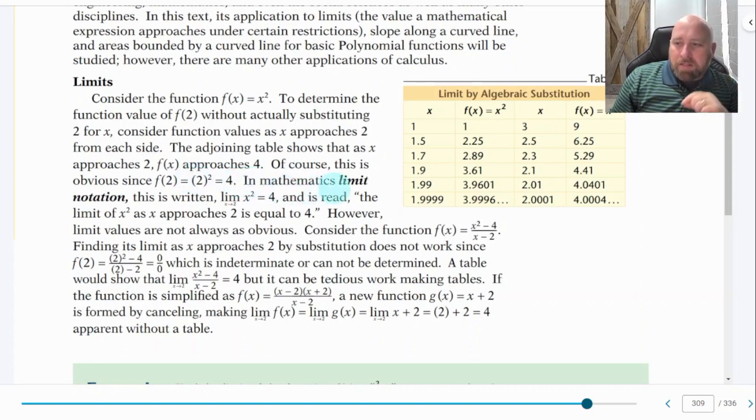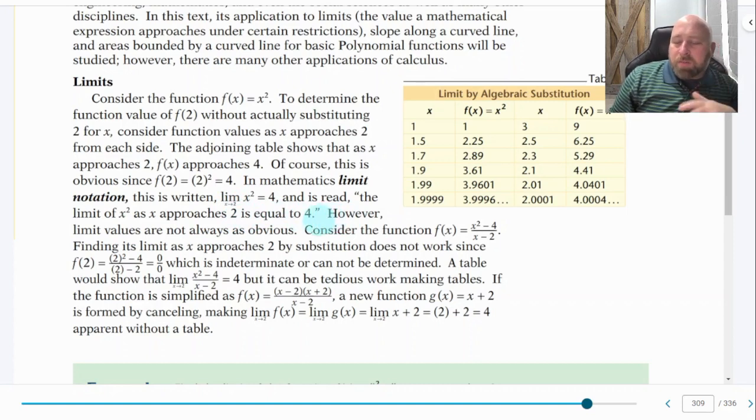In calculus especially, this is called limit notation, and we write it a certain way: lim as x approaches 2 of x squared equals 4. The way we read that notation is the limit of x squared as x approaches 2, and that's down here underneath it. So the limit of x squared as x approaches 2 is equal to 4.